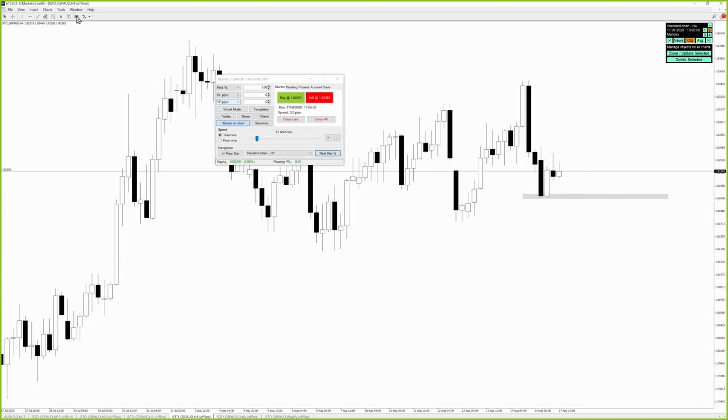A more clear one that I see is right up over here. At the same time, this is also some sort of a minor support right here, but I think we can identify that on the 1-hour time frame better, and also a resistance somewhere up over here on the smaller time frames. So let's take a look at the 1-hour time frame here.